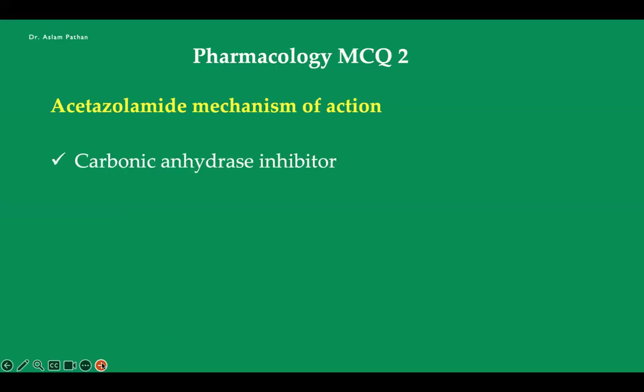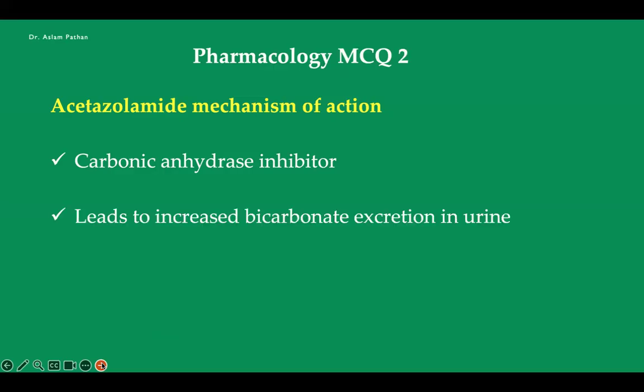It inhibits carbonic anhydrase, the enzyme responsible for bicarbonate formation, and leads to increased bicarbonate excretion in the urine. And this bicarbonate is increased in the alkalosis, and the alkalosis causes the symptoms in this patient.